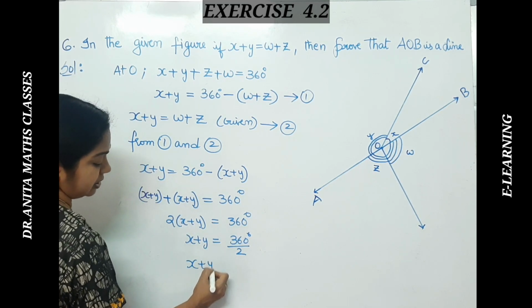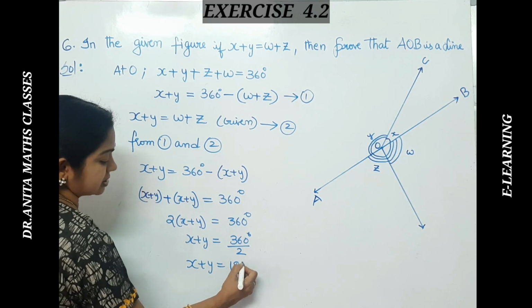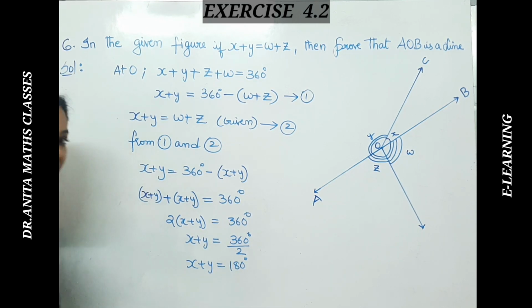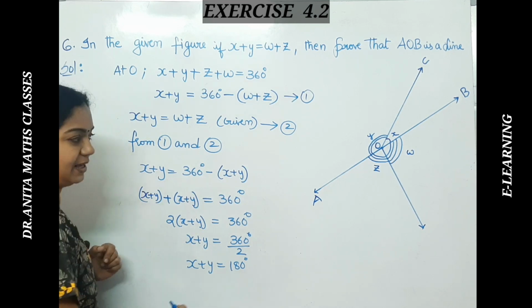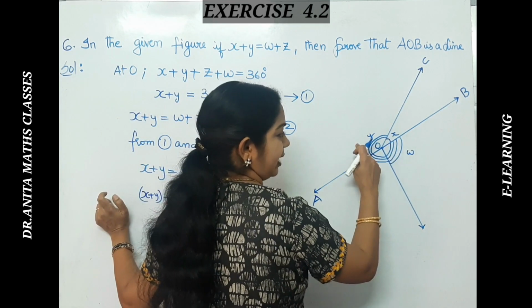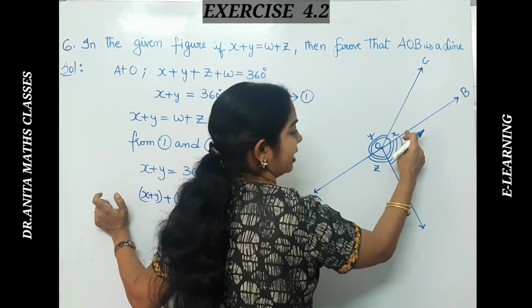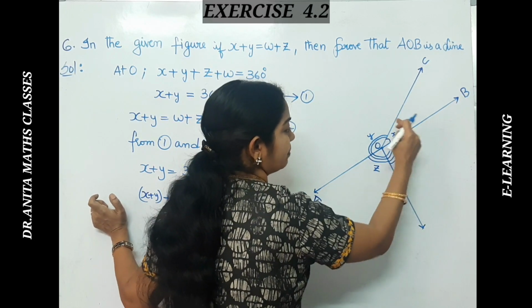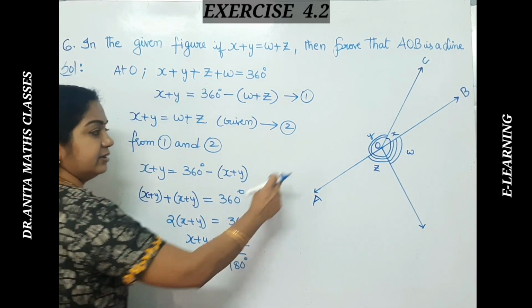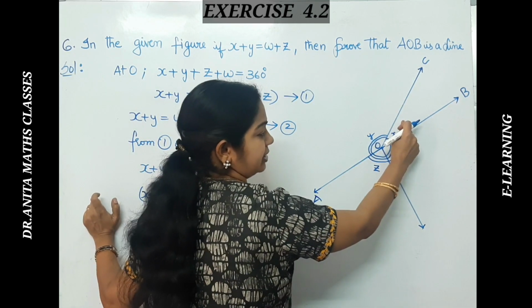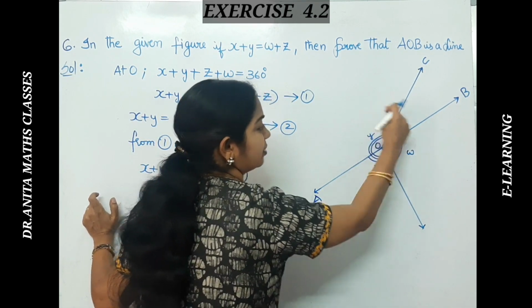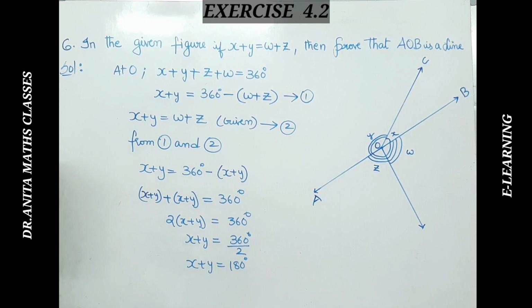So x plus y equals 180 degrees. We got this. So what are x angle and y angle? Where are they placed? x angle and y angle clubbed together are the angles subtended on AOB. So we got these two angles as 180 degrees. That means the angle subtended on AOB is 180 degrees.